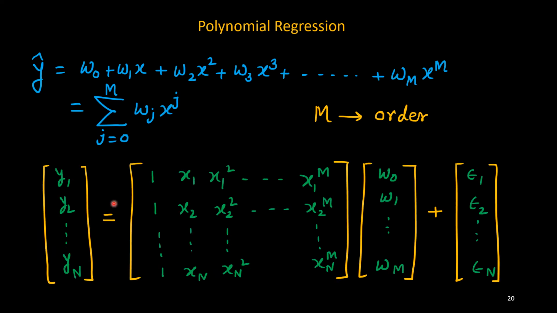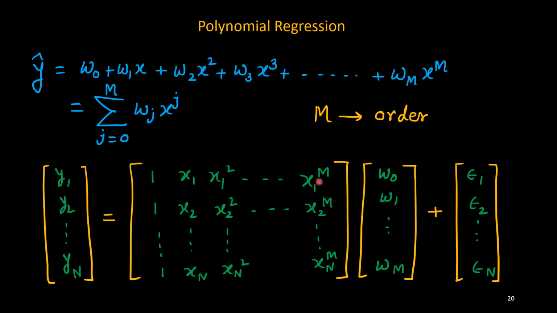So we can rewrite that as one column vector y1 to yn, and this one is epsilon 1 to epsilon n, and this matrix, the first column is all 1, the second column is x1, x2 up to xn, and the third column is the square of those, x1 square, x2 square, xn square. Likewise, the next is x1 cube, x2 cube up to xn cube.